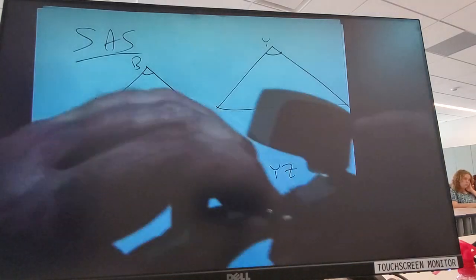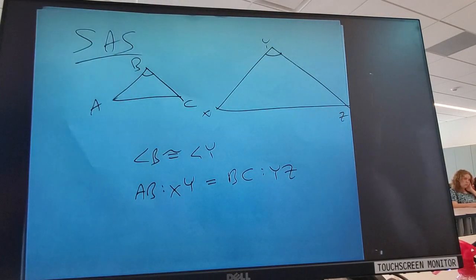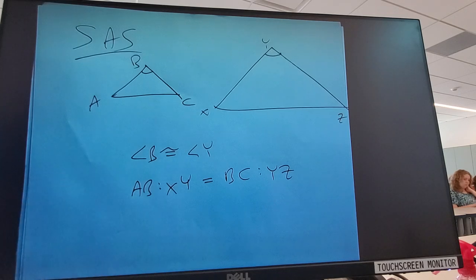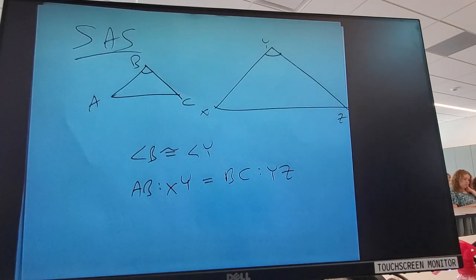So this is a little different. For congruence, the sides had to be equal to each other and the angle between had to be equal. SAS for similarity means the angles have to be congruent, but the sides have to be in a ratio.